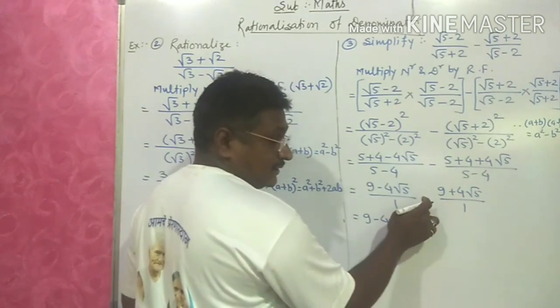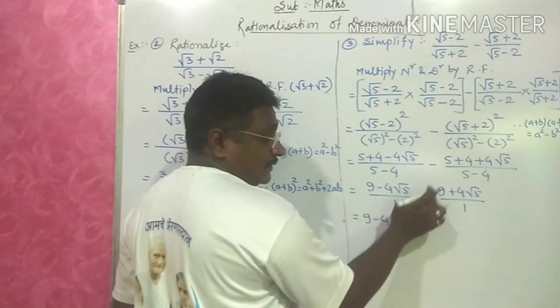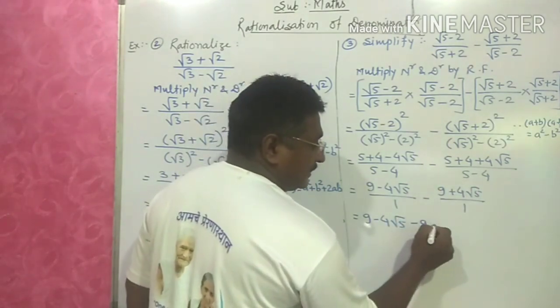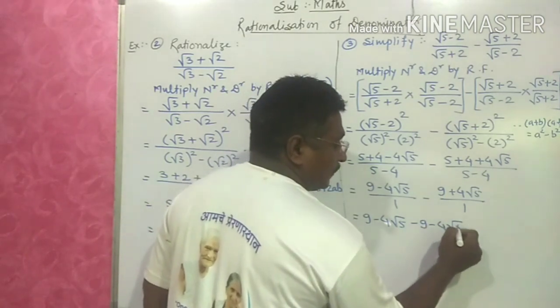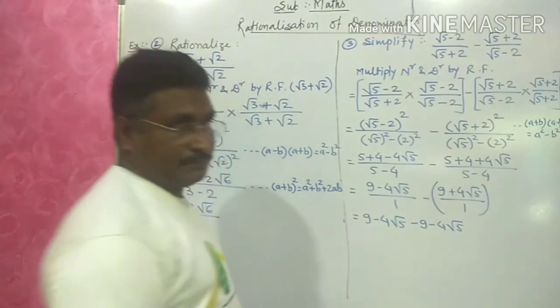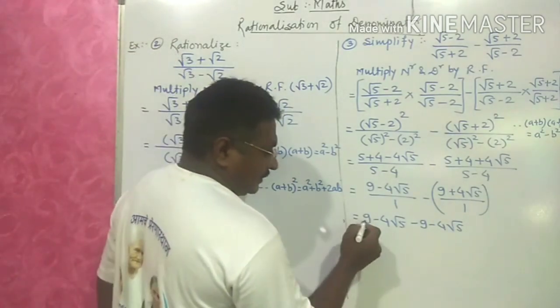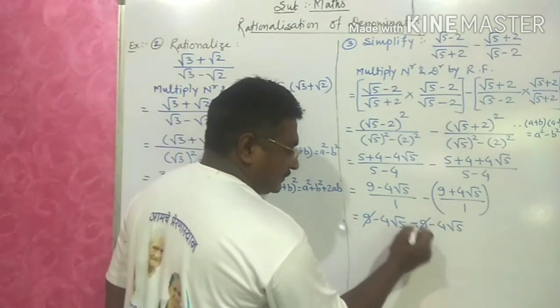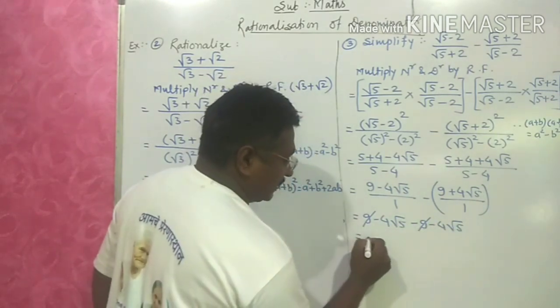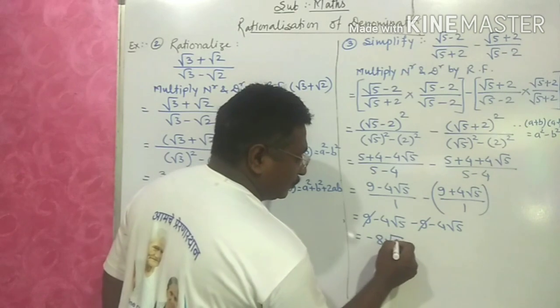Now here a minus sign is there, so this minus sign multiplies each and every term. So what will we get? Minus (9 + 4√5). Don't forget to multiply each and every term. So what will we get? 9 minus 9 cancelled. Minus 4√5 minus 4√5 means what will we get? Minus 8√5.